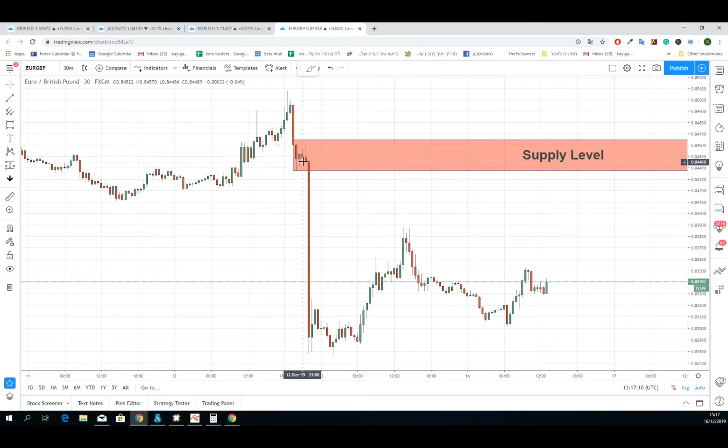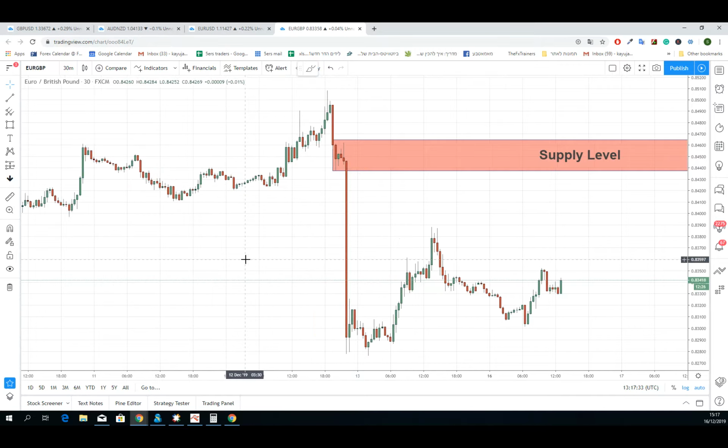These little candles indicate the collecting of orders before the price gets into a very significant imbalance between the sellers and the buyers, and that's what caused this very strong and fast drop down.